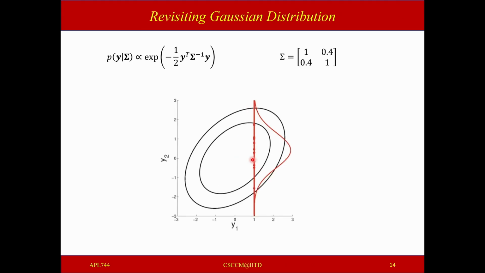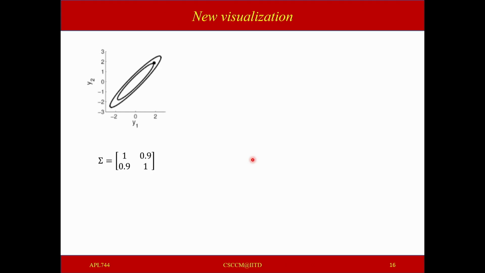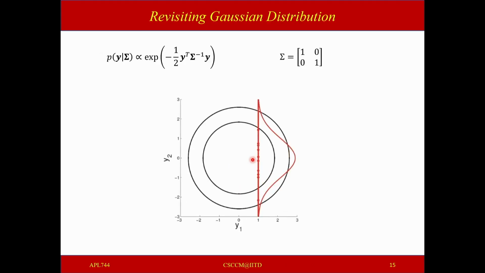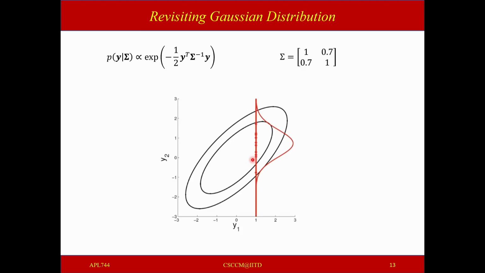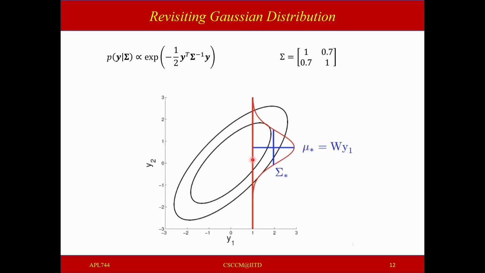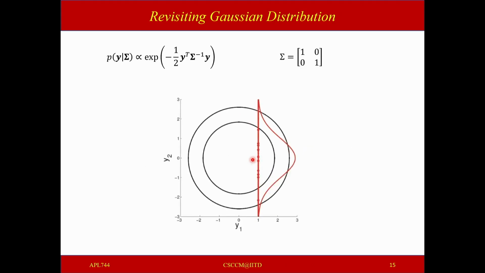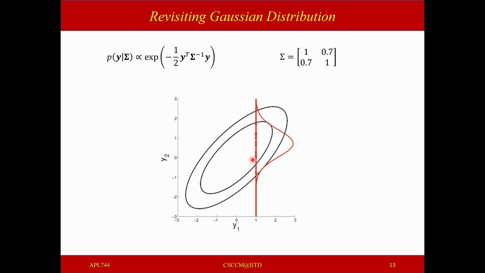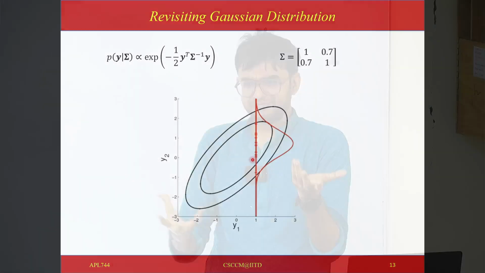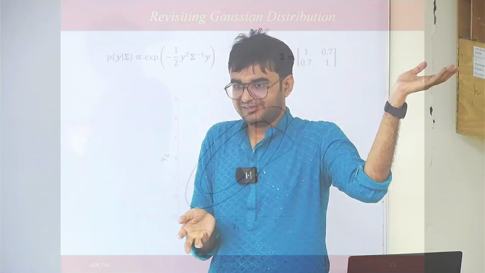And now if you keep on reducing the covariance like before, what do you think is happening? The shape was previously also changing, but you have to talk about the conditional now. The spread is increasing, which means variance is increasing, and it is increasing because they are becoming independent.